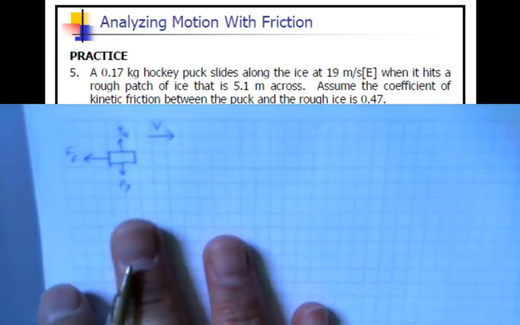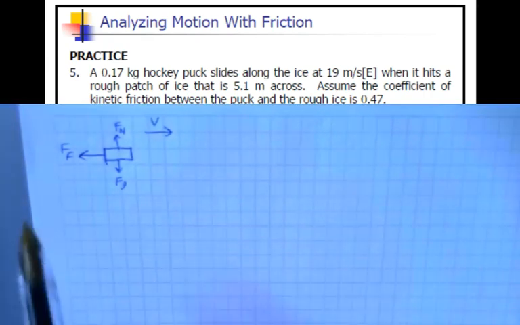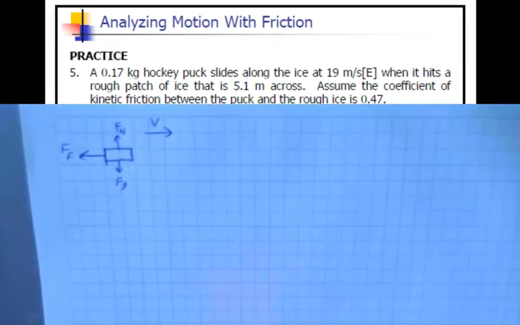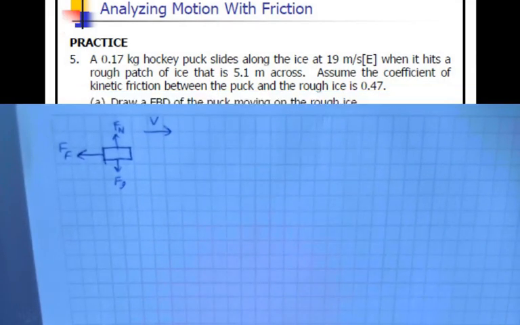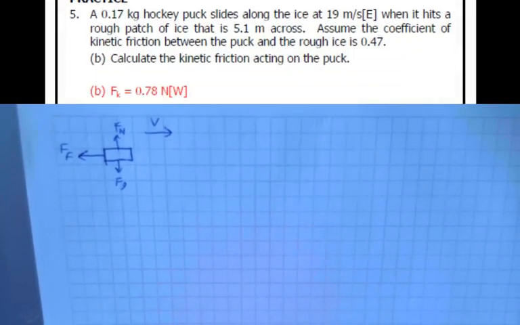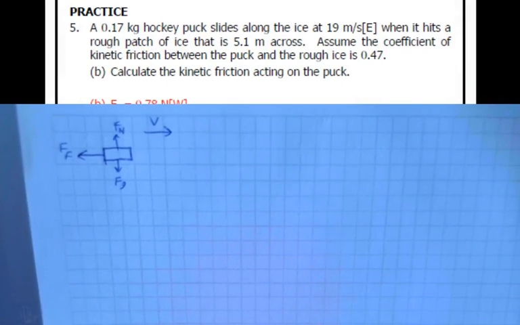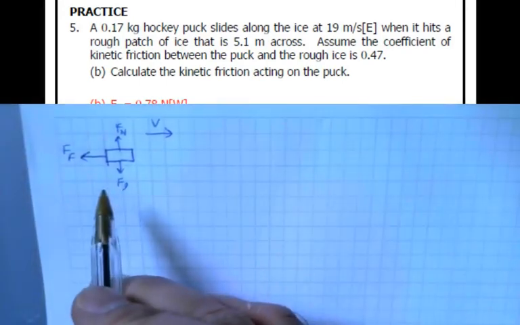And if that's the case, then its F net is equal to its FF. And the question says to draw the free body diagram, but also we're asked to calculate the kinetic friction acting on the puck.